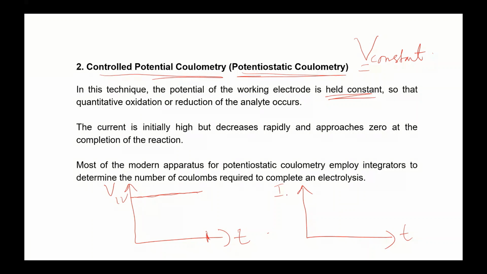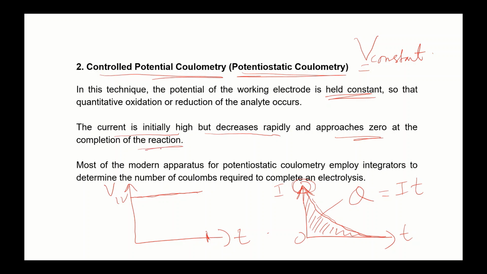If you plot I versus time in this process, the current will decrease with time. This is Q, where Q equals I times T. The current is initially high, but decreases rapidly and approaches zero. Zero current means the reaction is complete.